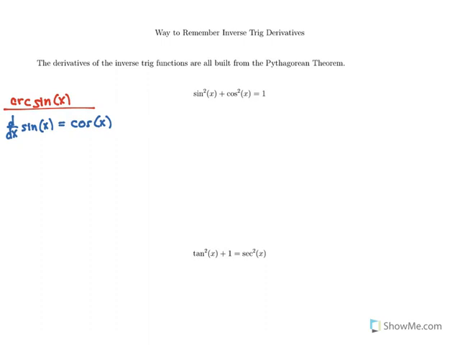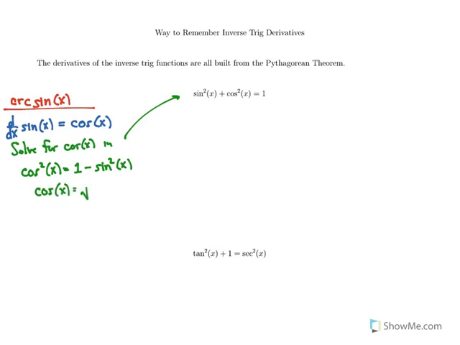And if I solve for cosine in the Pythagorean theorem, then I can write cosine squared x equals 1 minus sine squared x, or cosine of x is equal to the square root of 1 minus sine squared x.